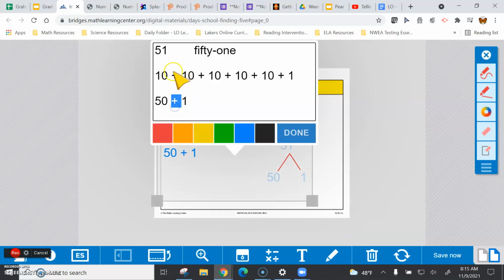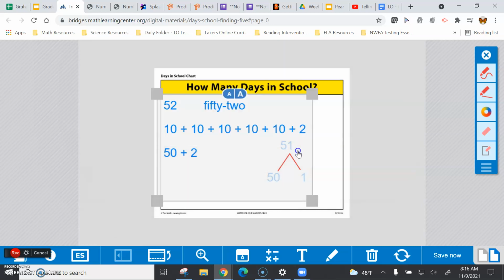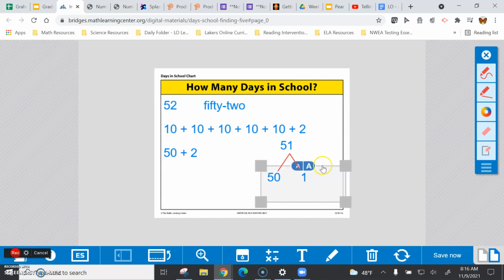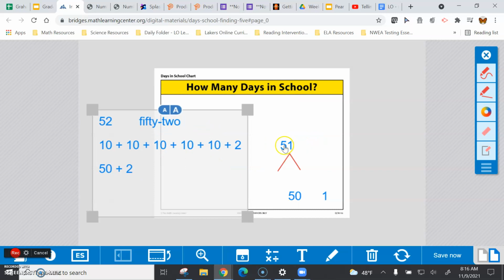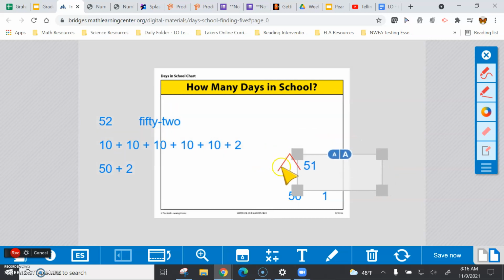All right, All-Stars. We've been using this information to help us write in the days of school, and we're going to do that today, but I'm going to add something else to it. So our magic number today is 52. So I'm changing all of our ones to twos to show 52 days in school. Once we do that, we're going to move this information down a bit so we can get to it quickly. Move this over and move these down if we can.